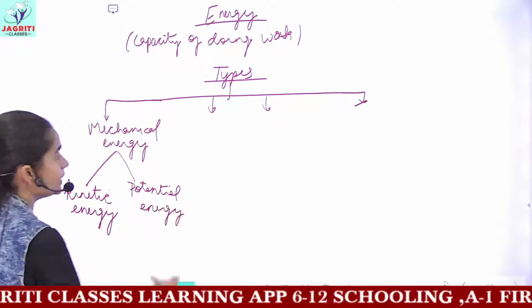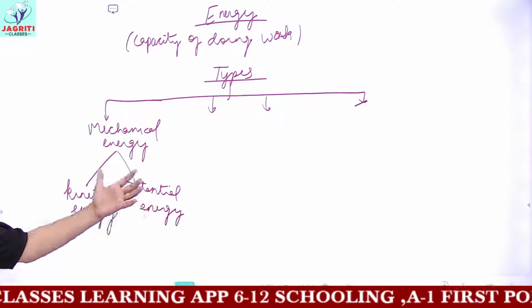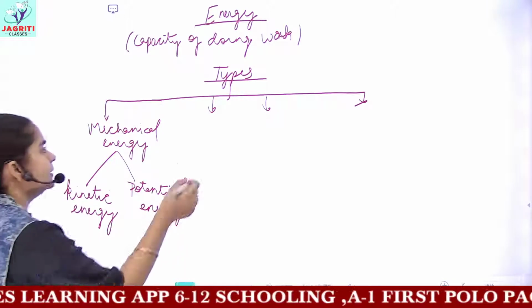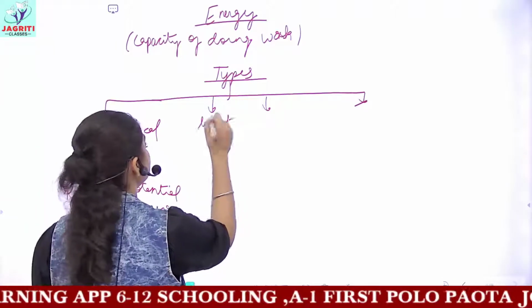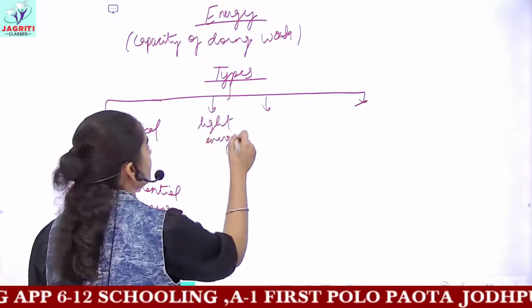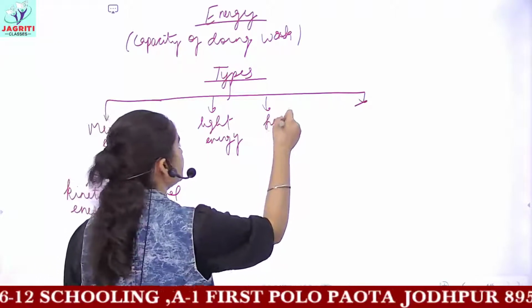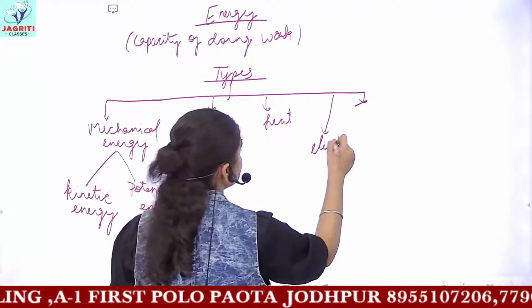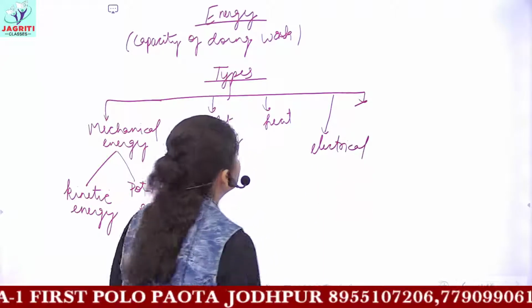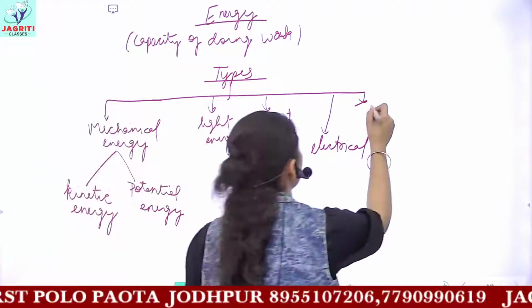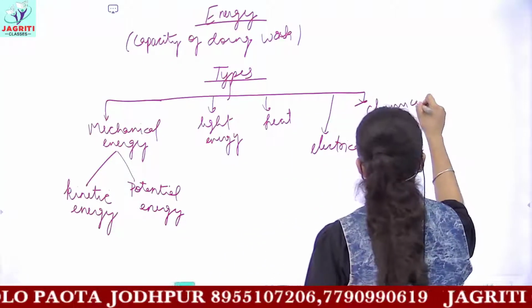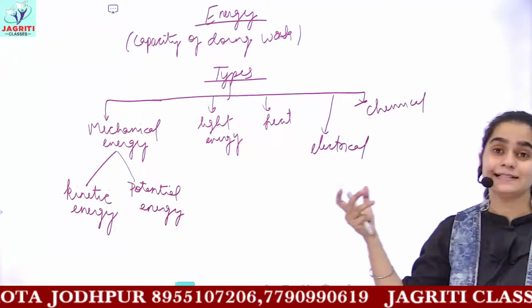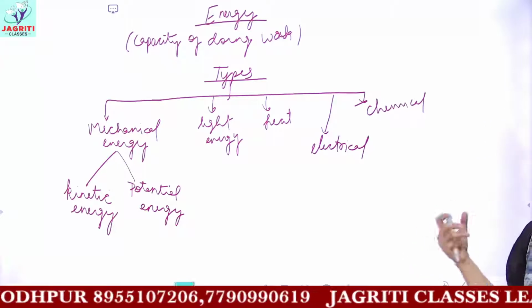So these are the two kinds of energy which come in mechanical energy. The other energies are light energy, then you have heat energy, then you can have electrical energy, nuclear energy. Okay, so these are the different types. Then you can also have chemical energy. So these are the various kinds of energy which are present in the universe.